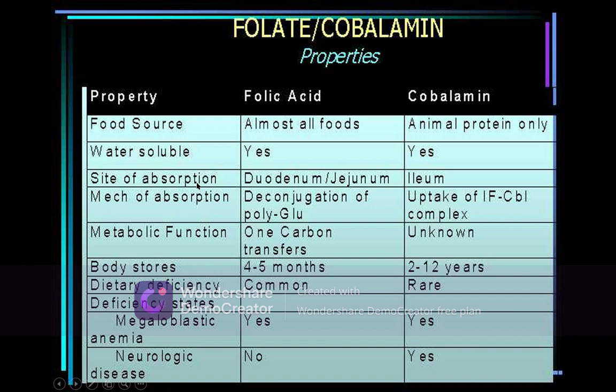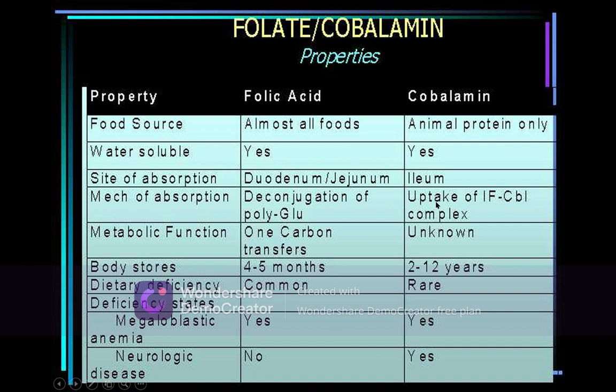Site of absorption of the folic acid is the duodenum or jejunum. The diseases of the duodenum and the jejunum will cause malabsorption of the folate. And here is the terminal part of the ileum, a specific phenomenon occurring for the absorption. The mechanism of the absorption is the deconjugation of the polyglutamate form, and it will deconjugate at the site of the duodenum and jejunum.